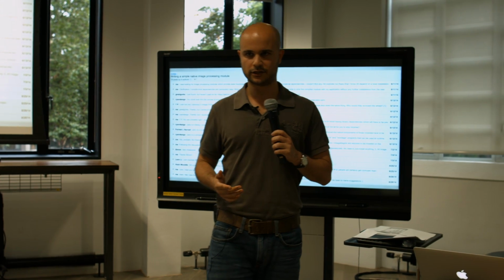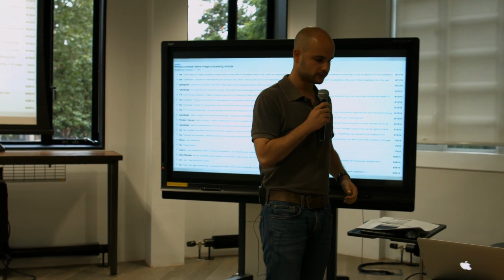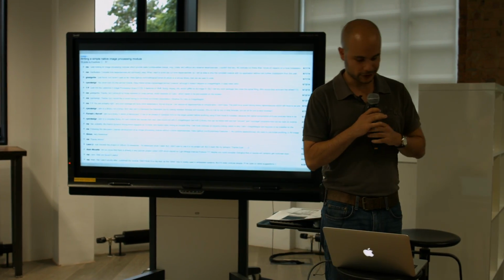So I saw there is a need. An unanswered question on Stack Overflow, a discussion on the Node.js mailing list. I figured it's a good opportunity to start working. Before I continue, I want to show you an example of how it works, and then we can go a little bit deeper into how I actually built the module.